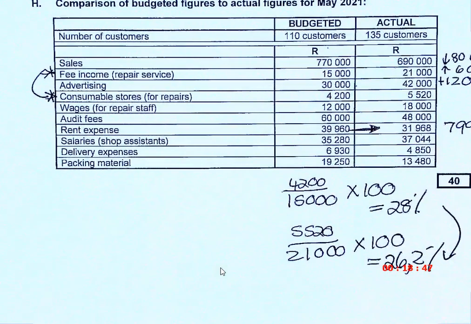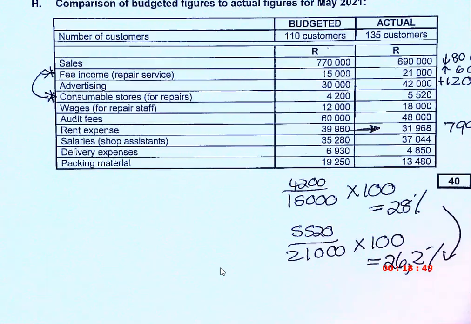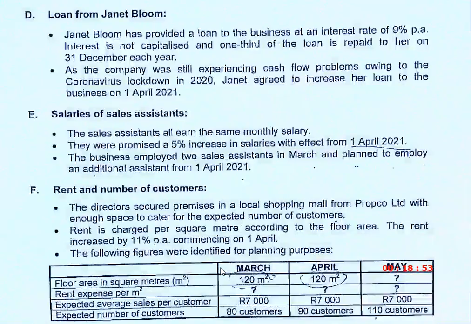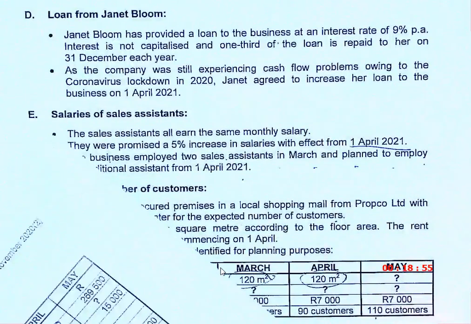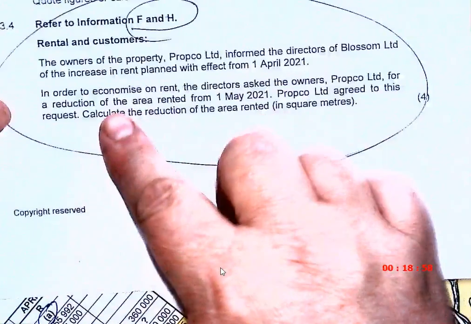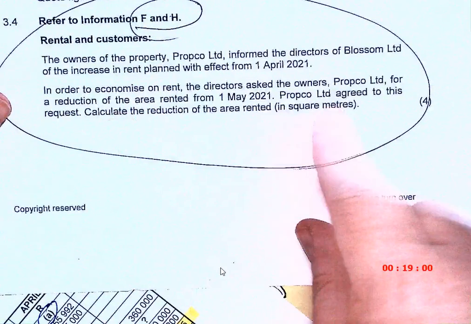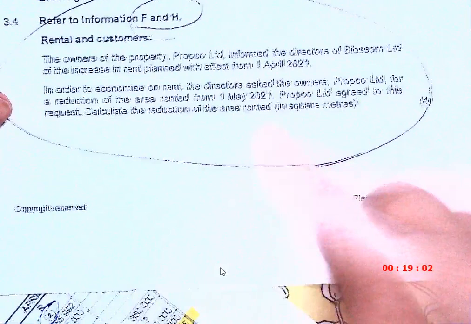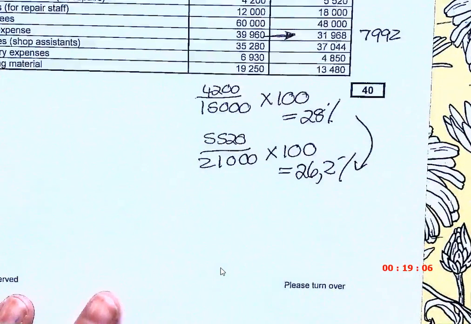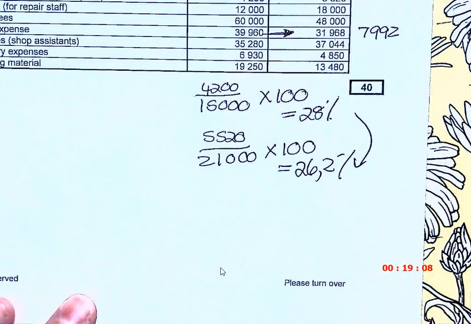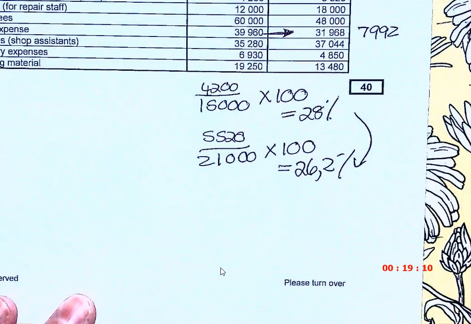But now my question is, what did they ask again? They want to calculate the reduction in area rented. Okay, so now we need to know how much it is per square meter, and then I can divide by the rand value per square meter. And that I need to calculate here.